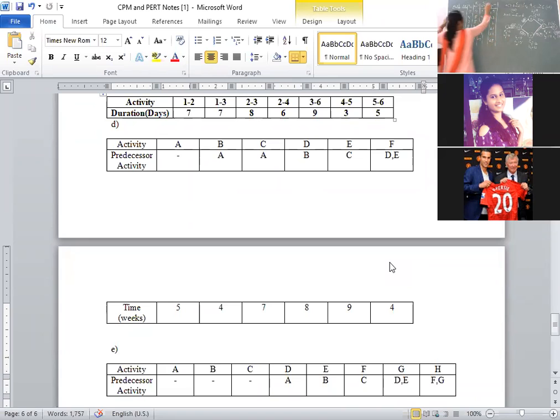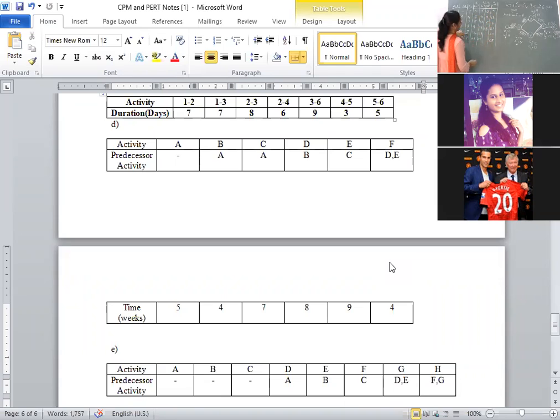Now latest start time is Li, and latest finish time is Lj. Li is Lj minus Tij. That is 5 minus 5, it's 0. Here see, 13 minus 4, it's 9. 12 minus 7, 5. 21 minus 8, it's 13.